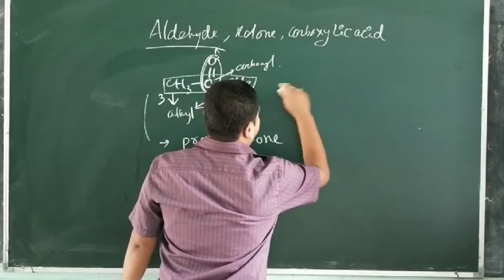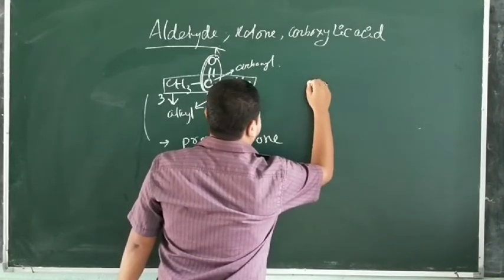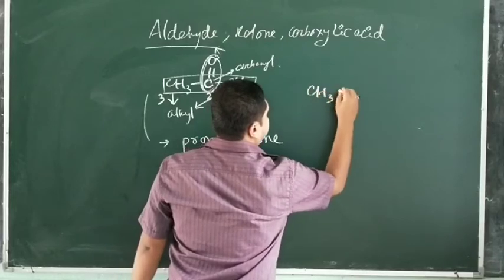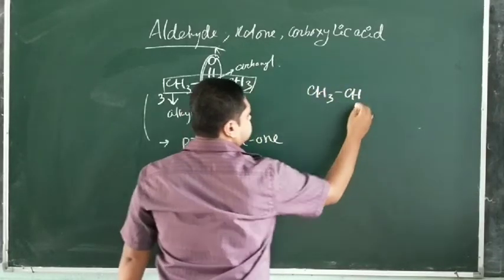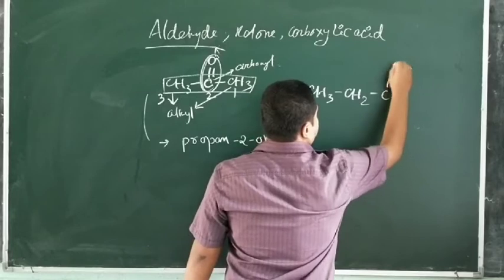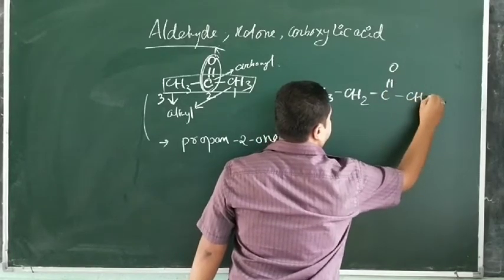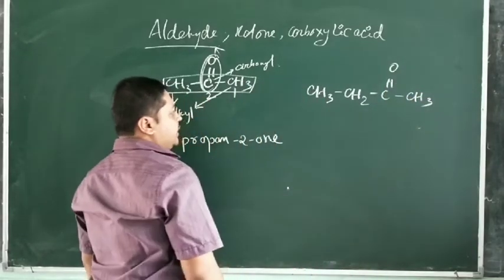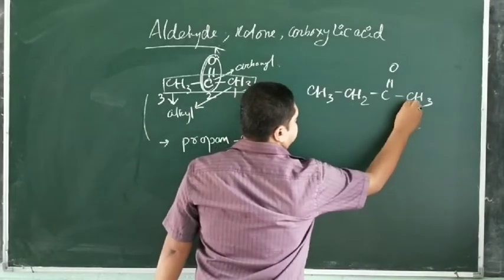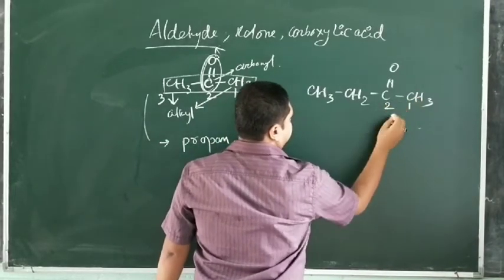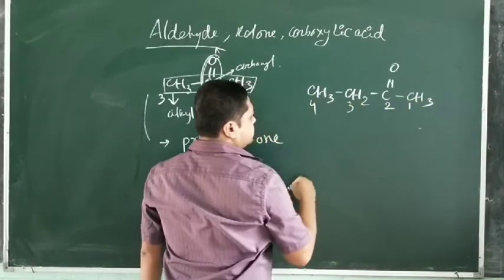Let us take a second example. This one is also a ketone. Numbering is from this side, 1, 2, 3, 4.